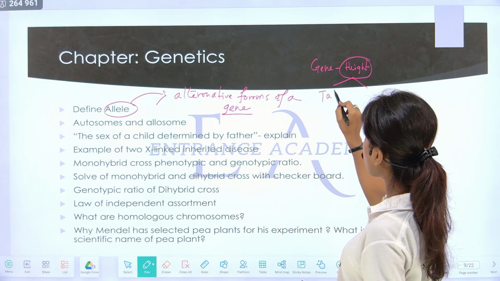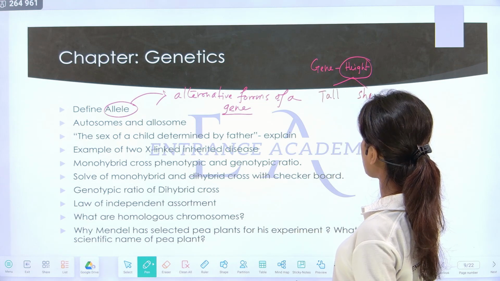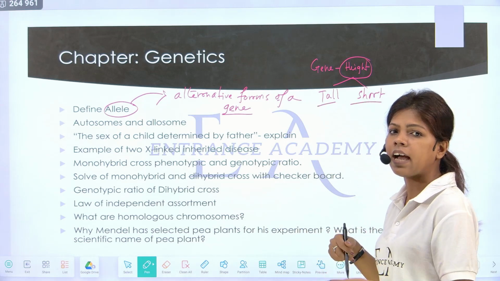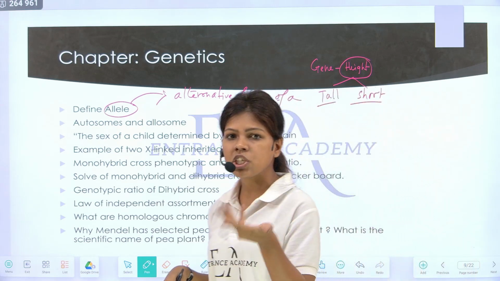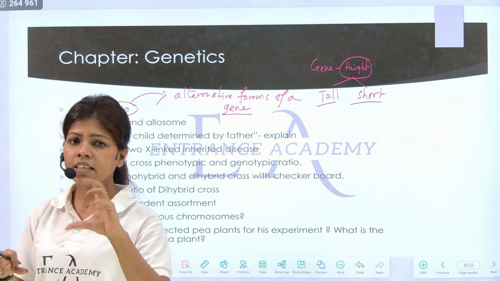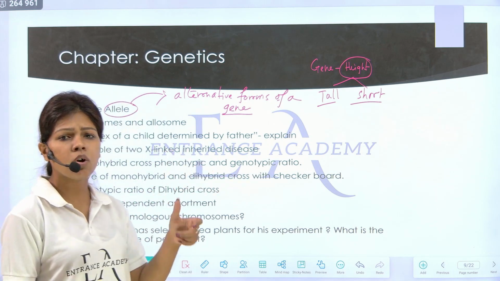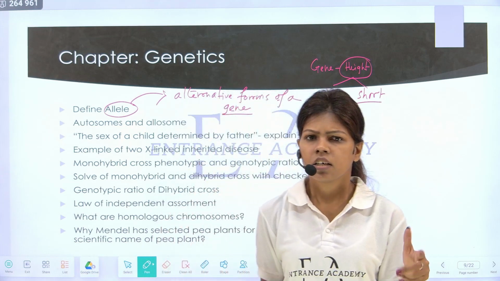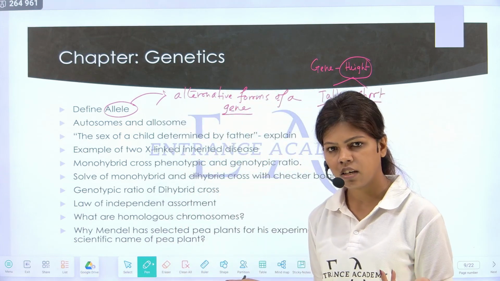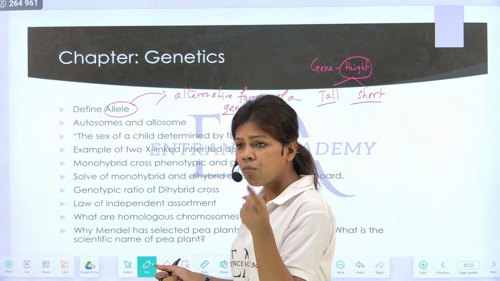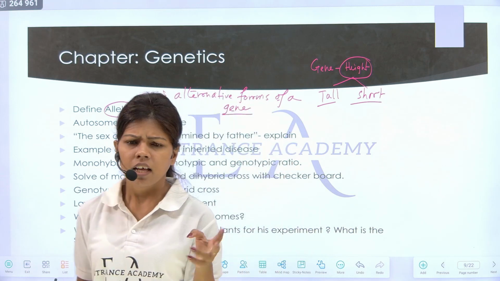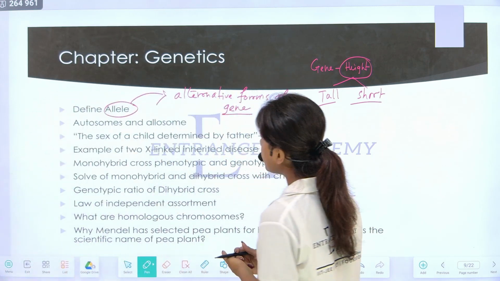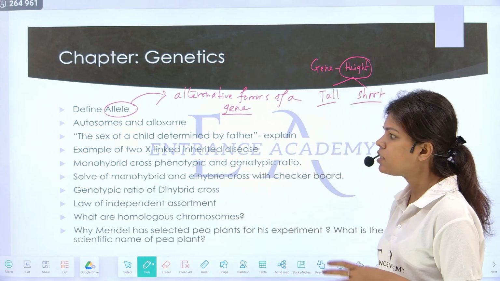Either it can be tall or it can be short. These tall and short are the alleles. So height is a gene and tall and short are the alternatives. So the alternative form of a gene is known as allele. Skin color, dark or fair, allele. And one gene will contain minimum 2 alleles and maximum multiple. So define allele: it is the alternative form of a gene.